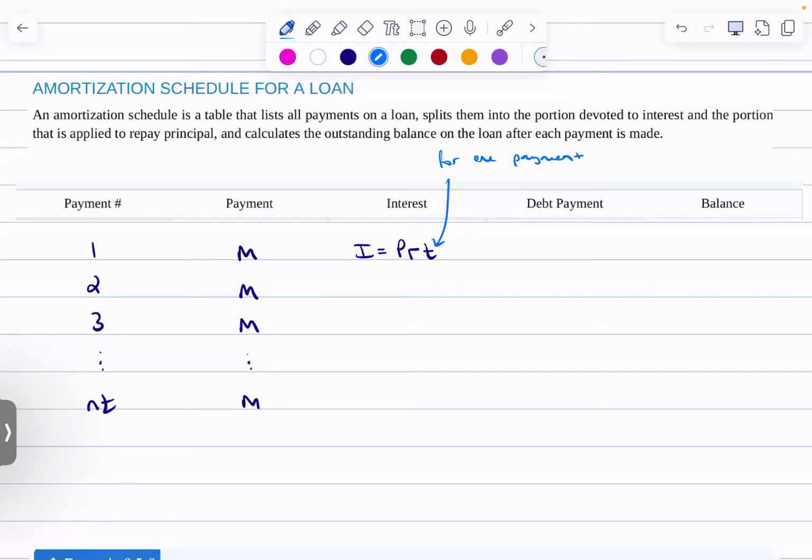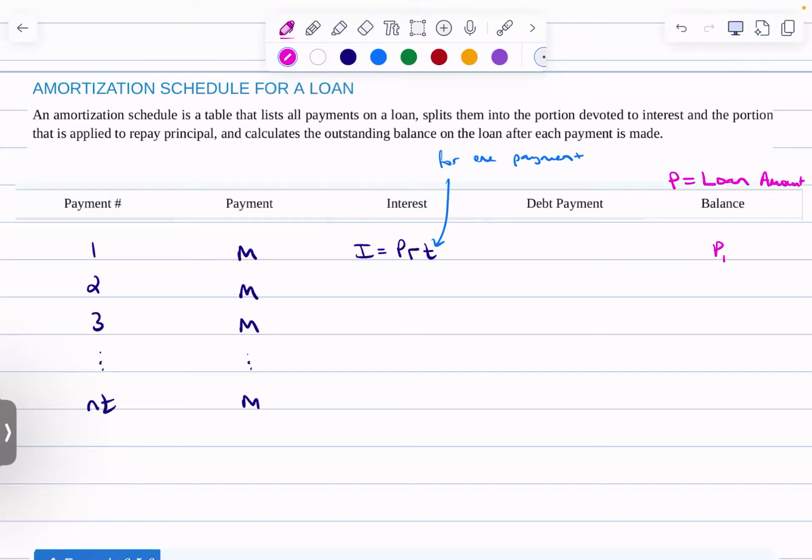Now P is going to be the loan amount to start. I'm putting it up above the balance because this balance is going to turn into the new P. And so here we're going to have a P1, the balance after payment 1.